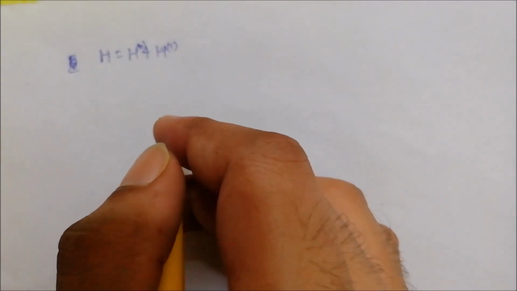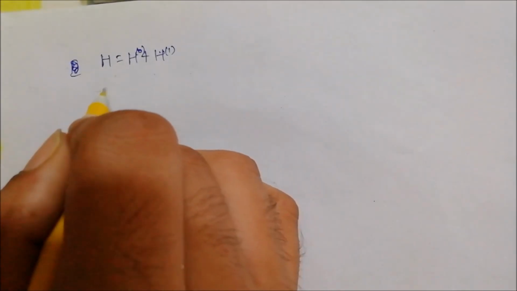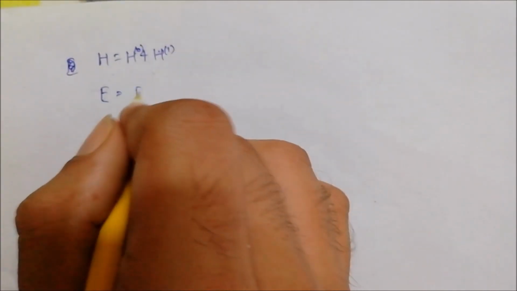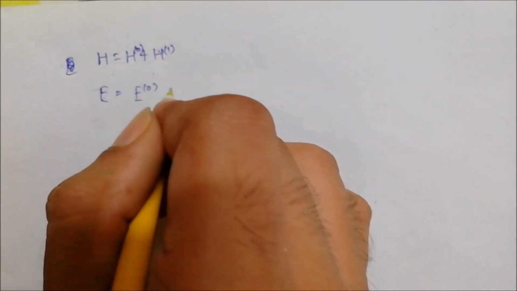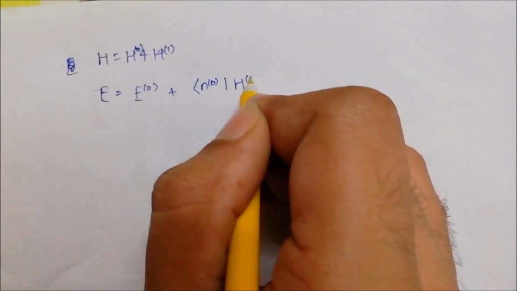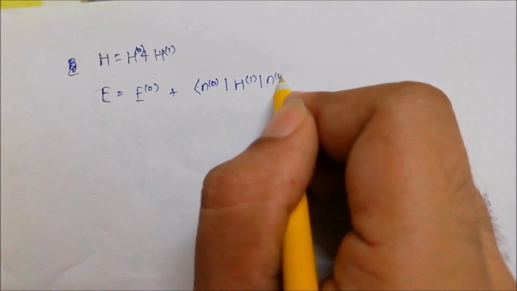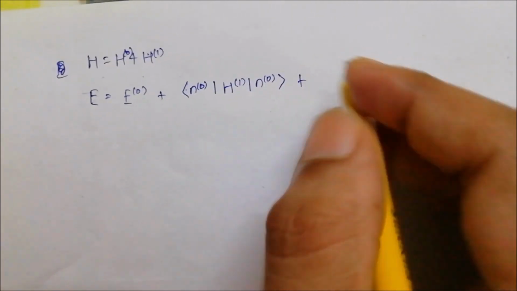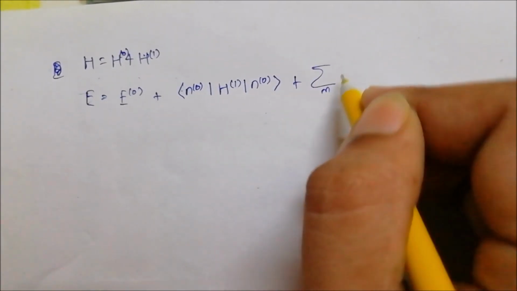So the energy due to a perturbation was expanded like the unperturbed energy plus the first order correction plus the second order correction.